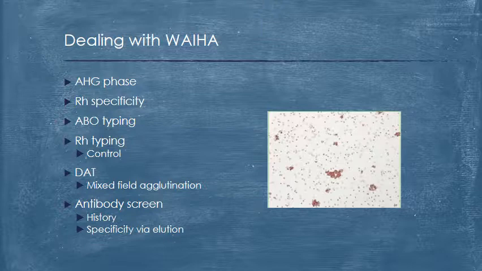Running the control is going to allow you to see if the proteins that are in the antisera, your reagent, which are put in there as enhancers, are causing the agglutination of the autoantibody. Now, modern reagents contain no more than 7% protein in order to reduce this problem, so that you don't get any false RH typing with an autoimmune situation.